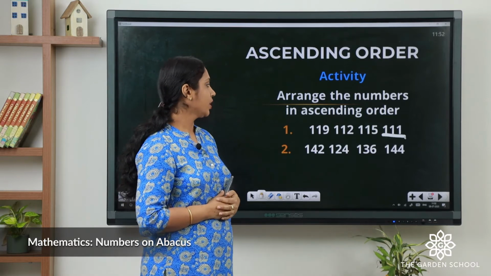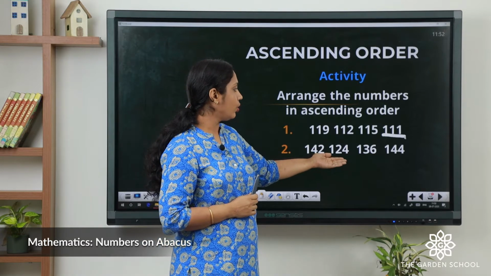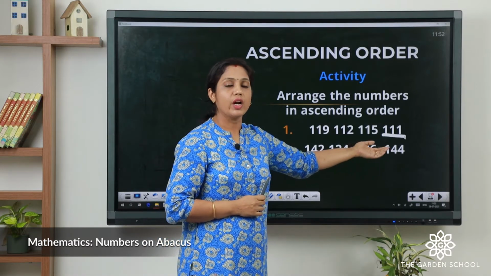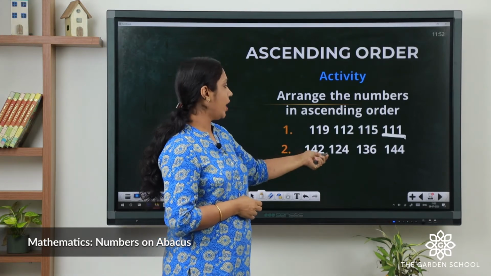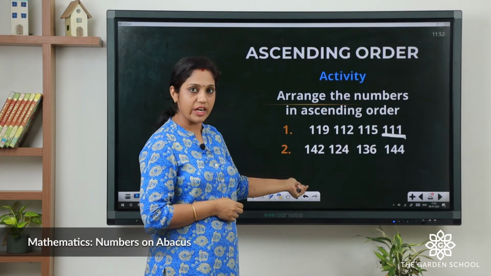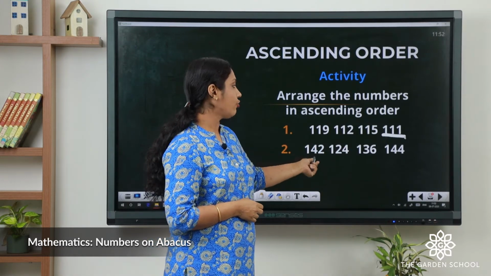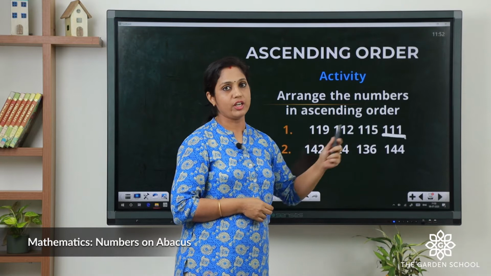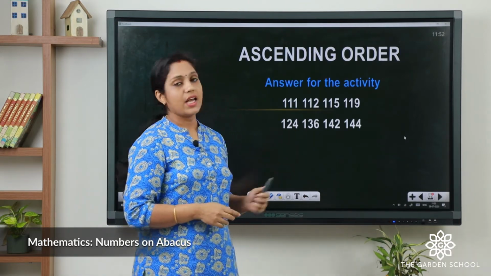Next question, it is 142, 124, 136 and 144. So which is the smallest number? It is 124. That we have to write first, and then 136, 142 and then 144. So hope you all have done it correctly. So these are the answers.